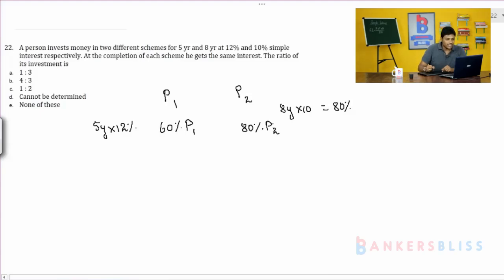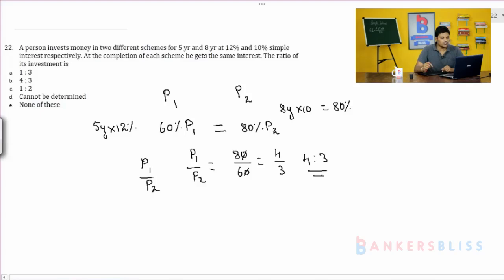We want P1 by P2, and the interest amount is the same. So 60% on P1 is equal to 80% of P2. Therefore, P1 by P2 is equal to 80% by 60%. So 2 fours are 8, 2 threes are 6. So the answer is 4:3. So option B is your right answer.